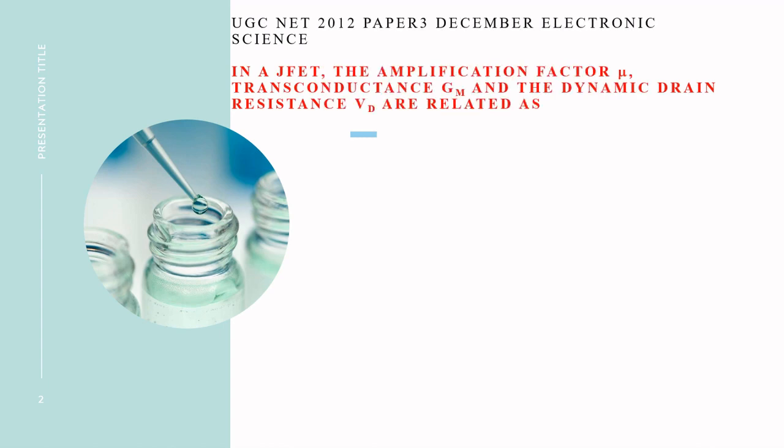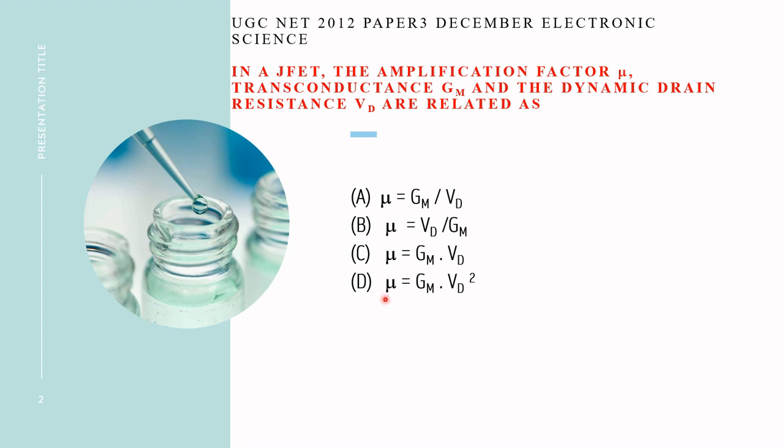So the problem is, in a JFET, the amplification factor mu, the transconductance Gm, and the dynamic drain resistance Rd are related as: first option is mu equal to Gm divided by Rd, second option is mu equal to Rd divided by Gm, third option is mu equal to Gm dot Rd, and the fourth option is mu equal to Gm dot Rd square.